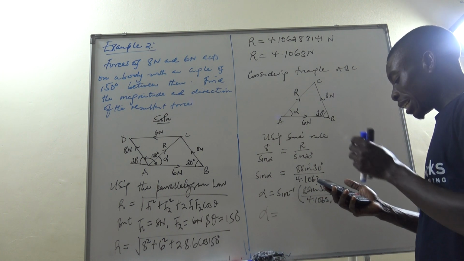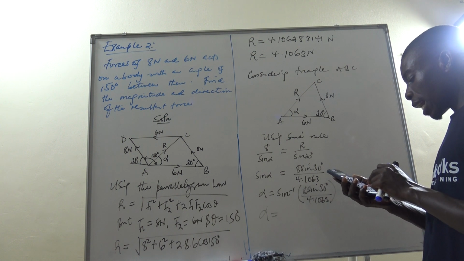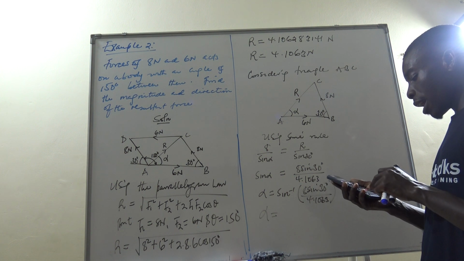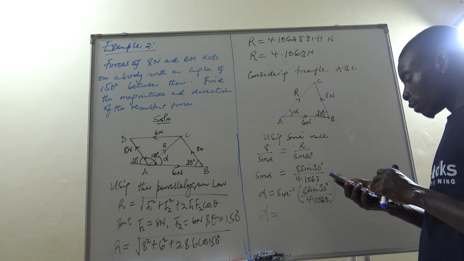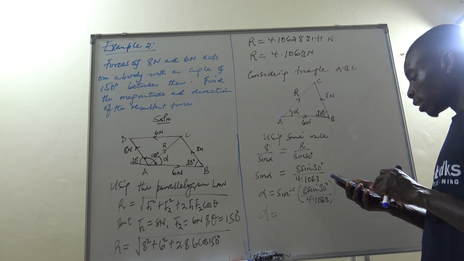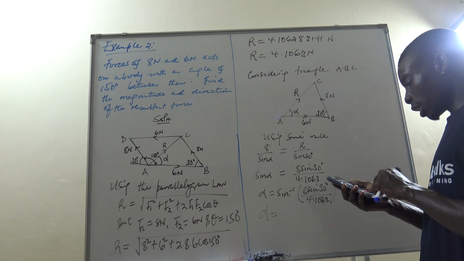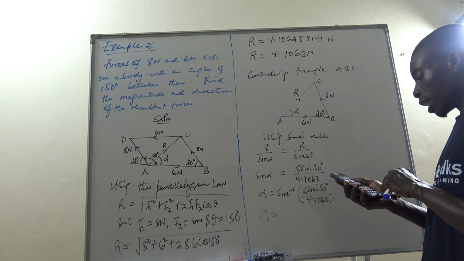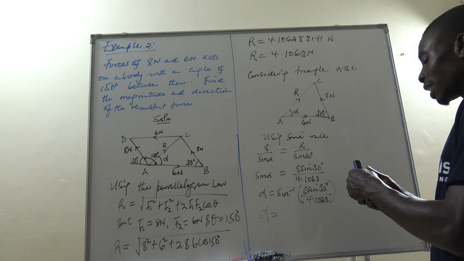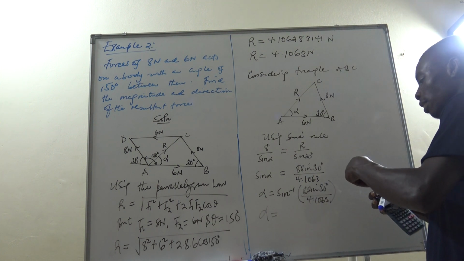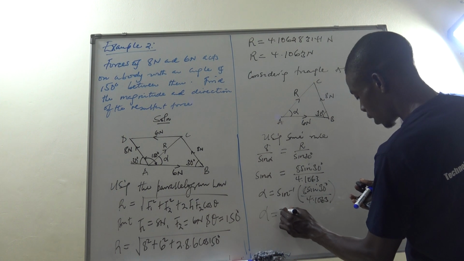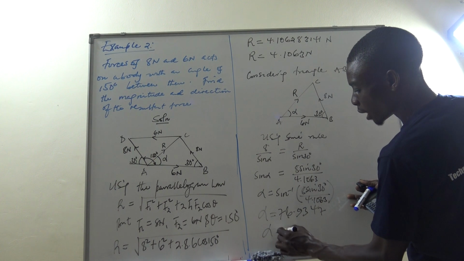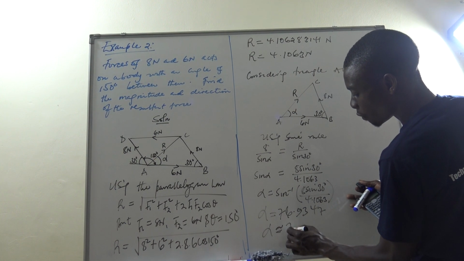So we say 8 sine of 30, divided by 4.1063, and then shift sine inverse of the answer, which gives us 76.9347, or you can take this as approximately 77.